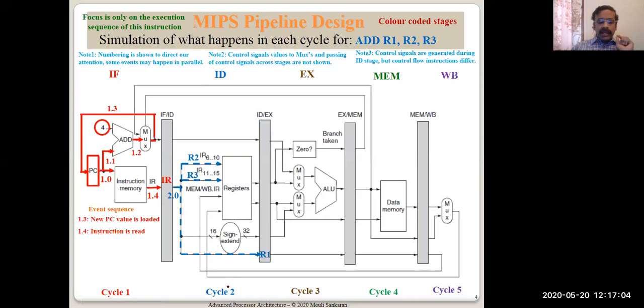I am showing the next cycle signals as cycle 2, in the color blue or cyan. As I told you, the instruction register is nothing but the actual instruction content.